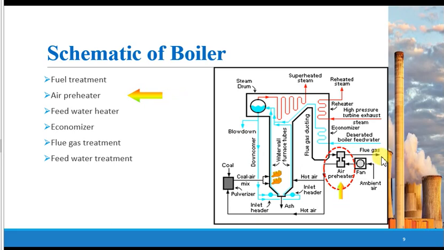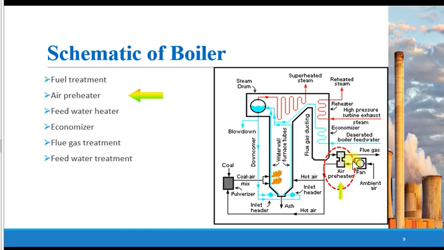These flue gases going outside are actually the byproduct of this system. So we need to convert these flue gases to take some important work from them and utilize it.